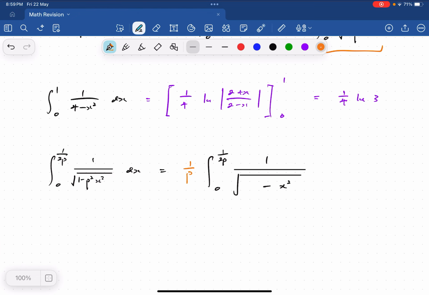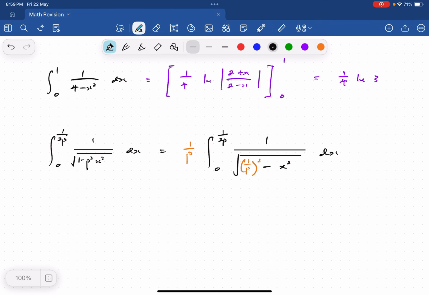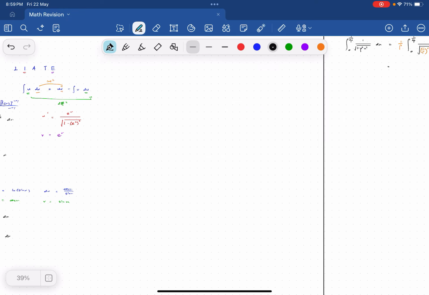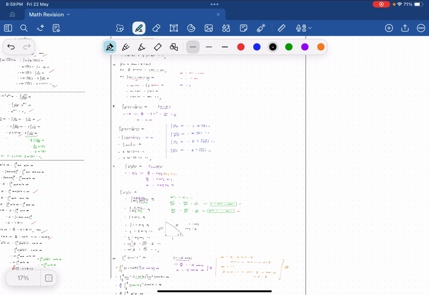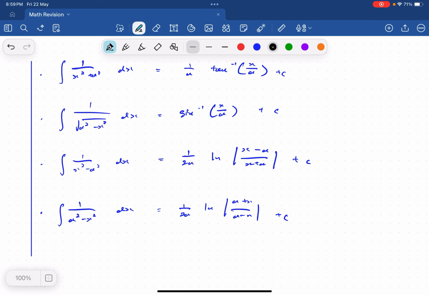And then, consequently, instead of 1, this particular term here is just going to become 1 over p squared, and then with respect to x. So, as a result, I can integrate now. I'm already in my standard form, the sine inverse form, a squared minus x squared.